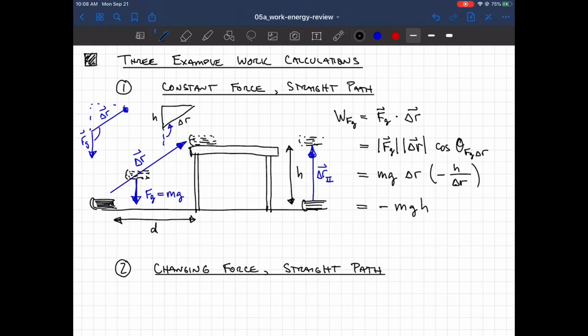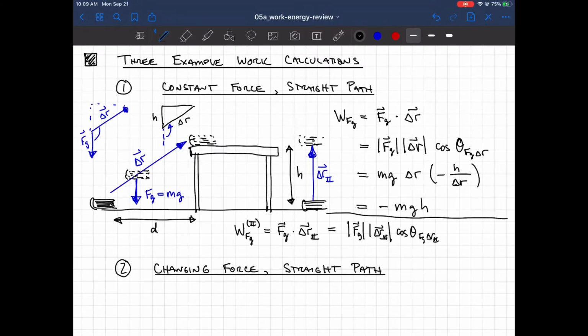So if I do the work done by the force of gravity over the second path, then that's going to be equal to the force of gravity dotted with the delta r2 vector, which is going to be the magnitude of the force of gravity times the magnitude of the delta r2 vector times the cosine of the angle between the force of gravity and the delta r2 vector.